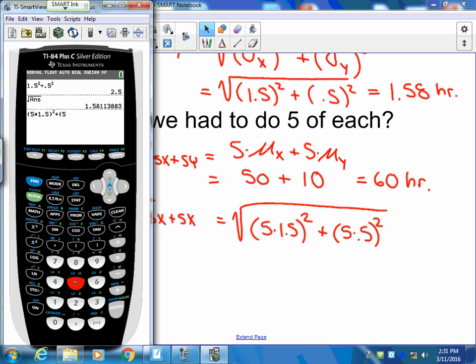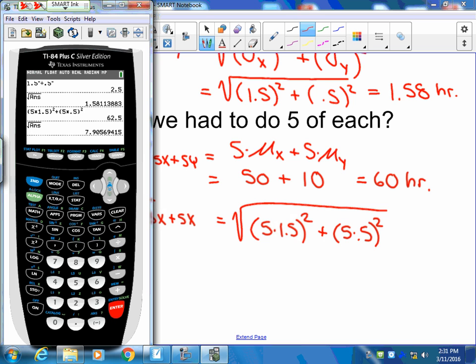And then we've got 5 times 0.5 quantity squared. Okay, there's our variance value, and then we're going to square root that to turn it into our combined standard deviation. So we've got 7.9 hours as our combined standard deviation.